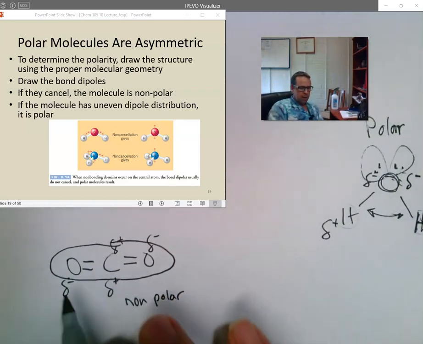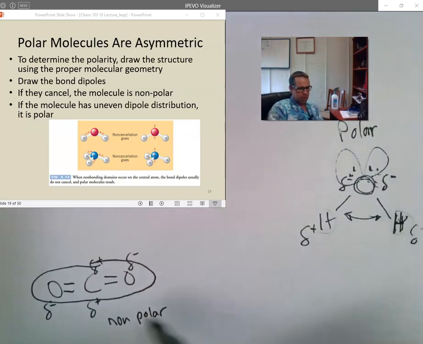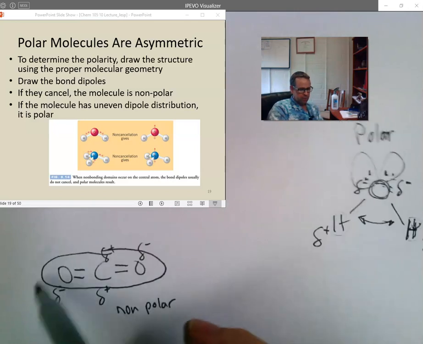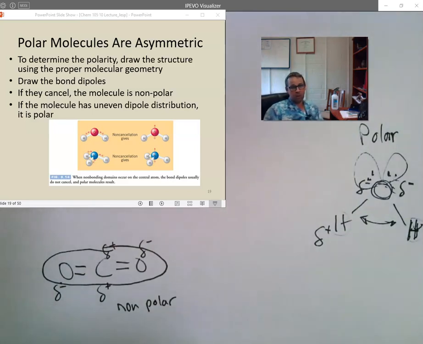So it's not enough to have electron density moving some direction, because if the shape of the molecule is symmetrical, then the net movement of electrons is not going to be evident in the compound. And so the compound is going to be non-polar. So for a polar compound to exist, we need to have polar bonds and an asymmetric molecule.